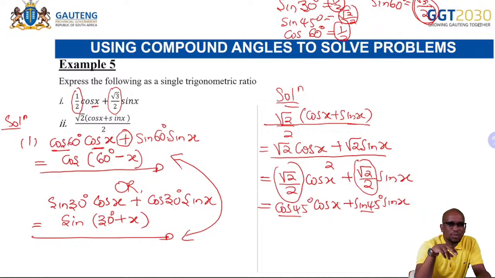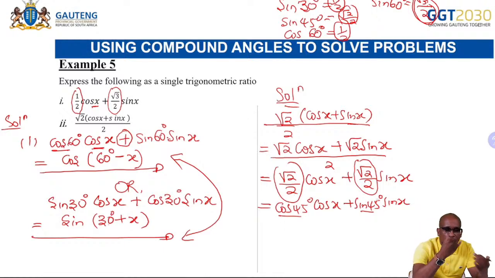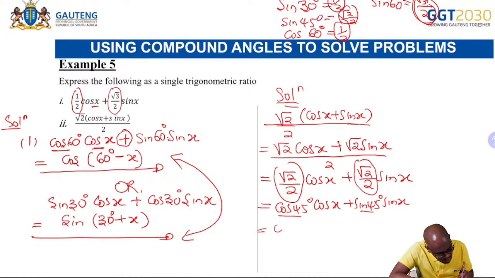But the sine expansion infuses sine times cos, cos times sine. So because I have two cosines multiplied together, then here I should have two sines multiplied together. If I used the sine here, then I was going to use the cosine there if I wanted to alternate them. So now this is the compound expansion for cos, so this should be the cosine of 45 degrees minus x.